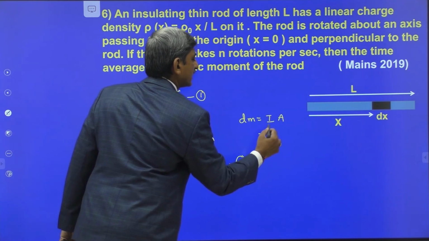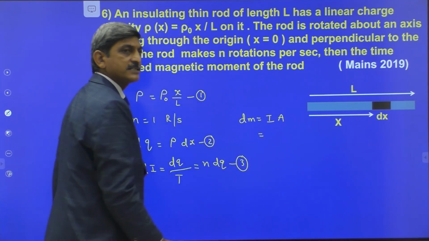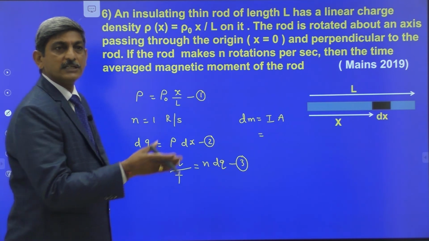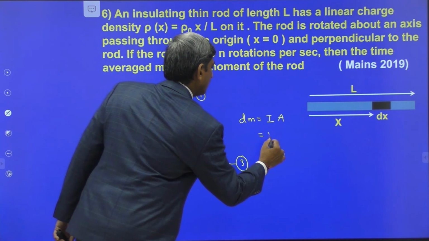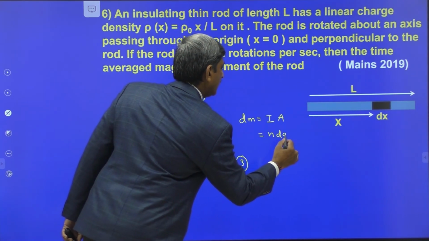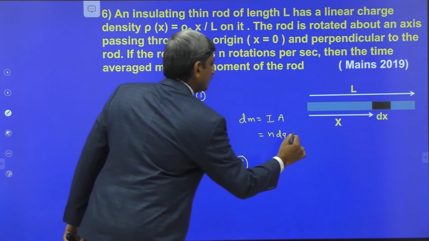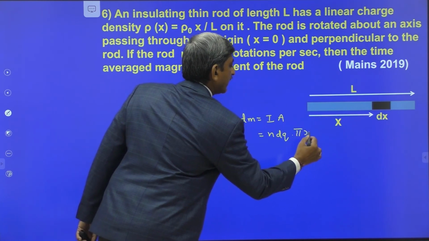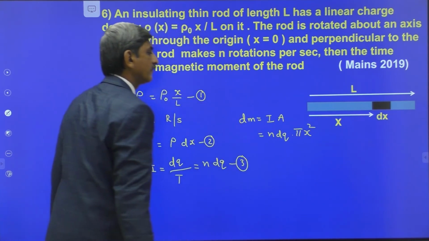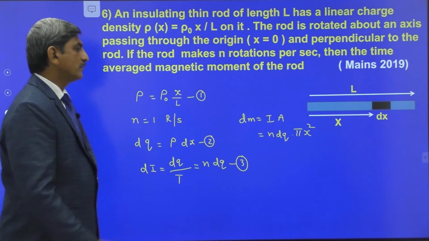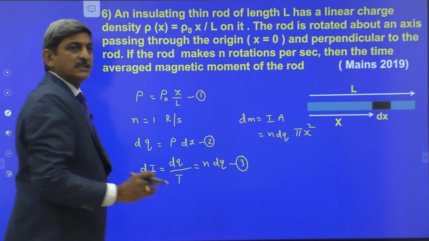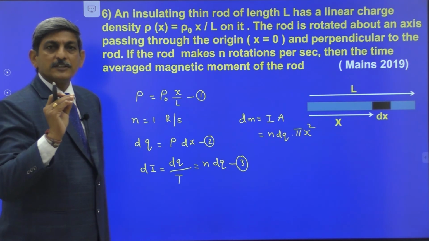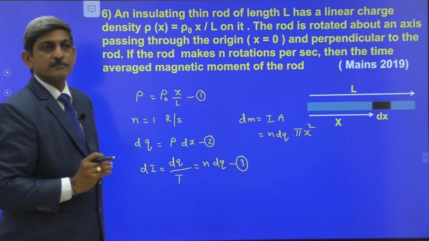Here I is the current equivalent and A is the area of the circle formed by the charge. This is equal to n dq times pi x square. This is the dipole moment of the small element assumed by us.